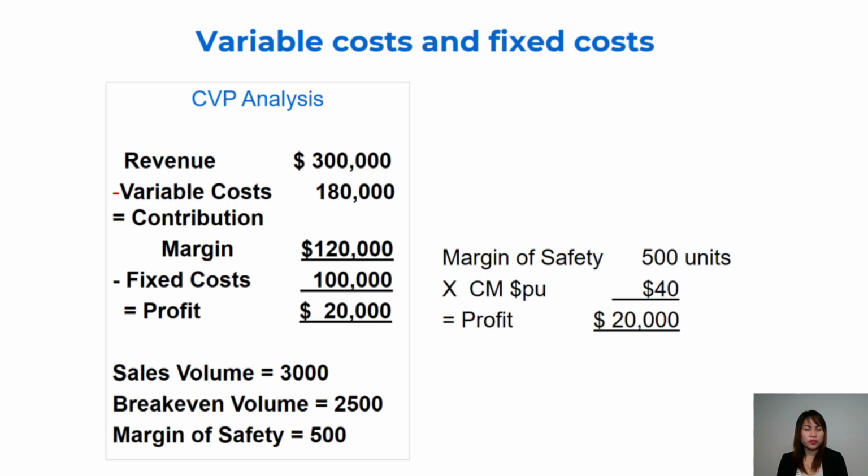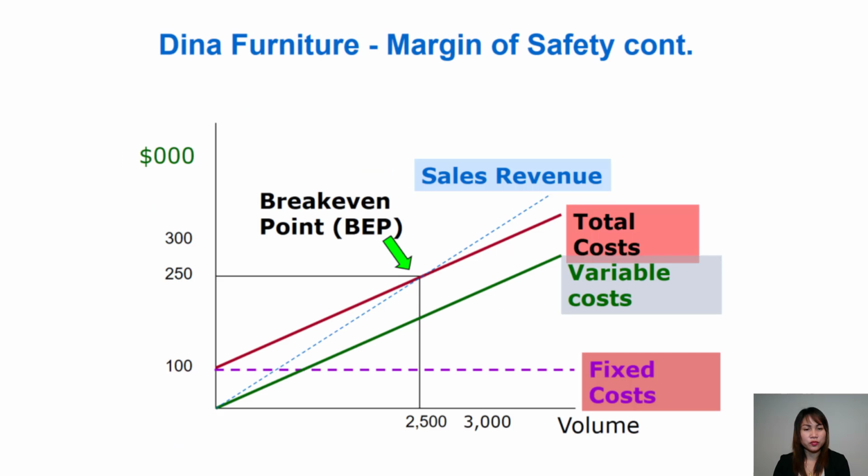Margin of safety 500 units times contribution margin equal to targeted profit $20,000. If we put this information together in a CVP graph, as you can see, break-even point is 2,500 units. 3,000 units is targeted sales. The 500 difference between 2,500 break-even point and 3,000 targeted sales is margin of safety.